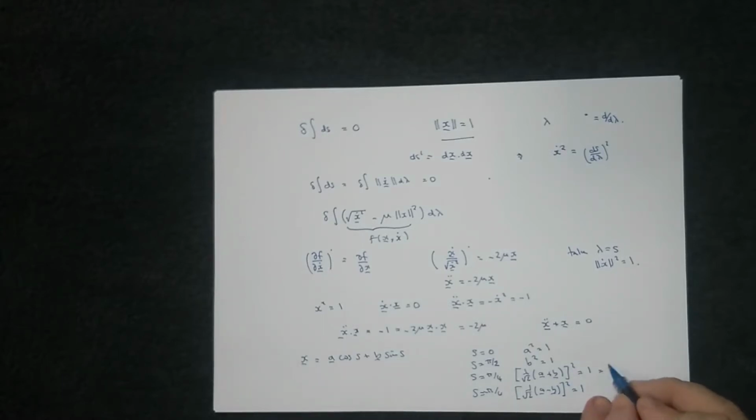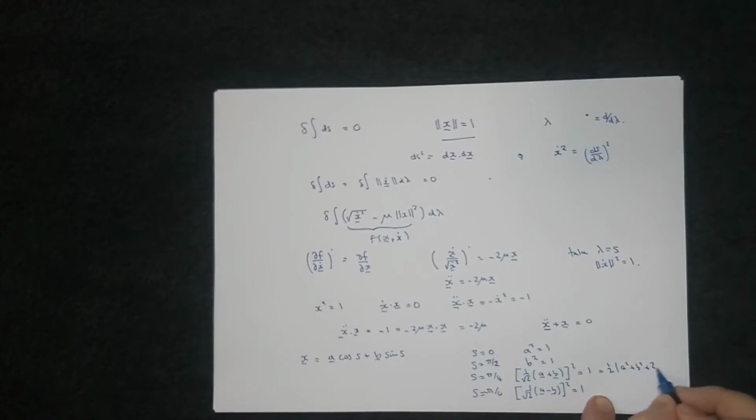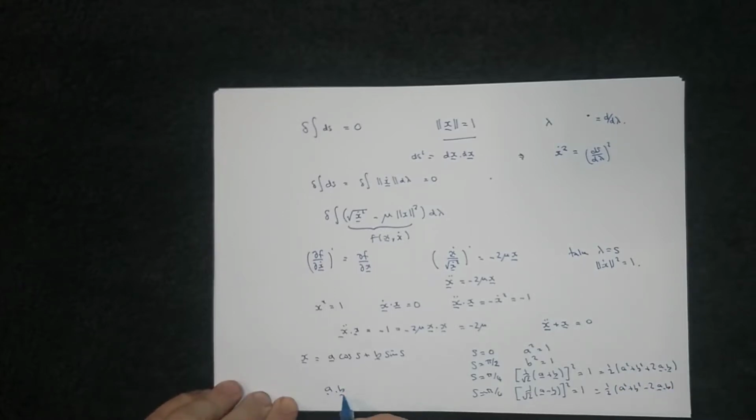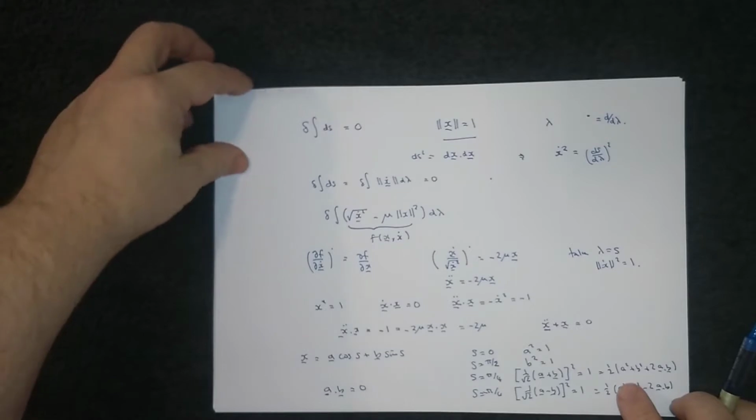So if we write that out, that's a half into a squared plus b squared plus 2a dot b. And this one is a half a squared plus b squared minus 2a dot b. If you subtract those two things, you end up with a dot b equals 0. So a and b are unit vectors which are orthogonal to each other.